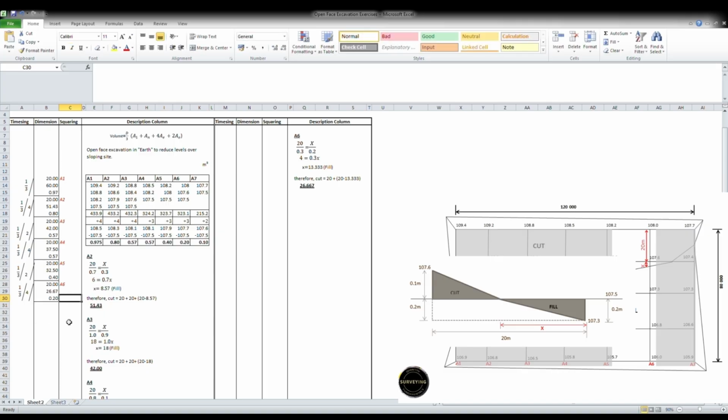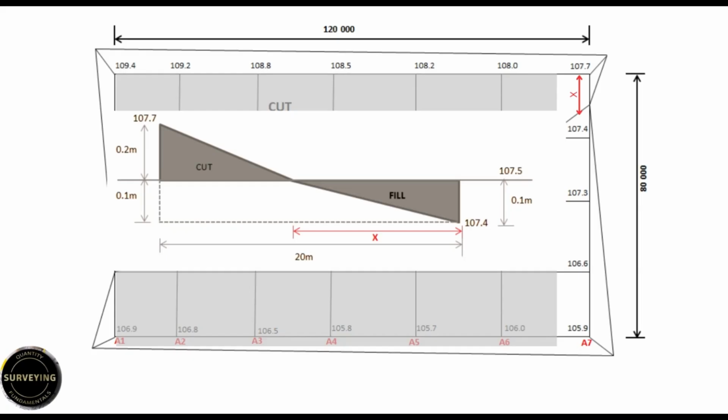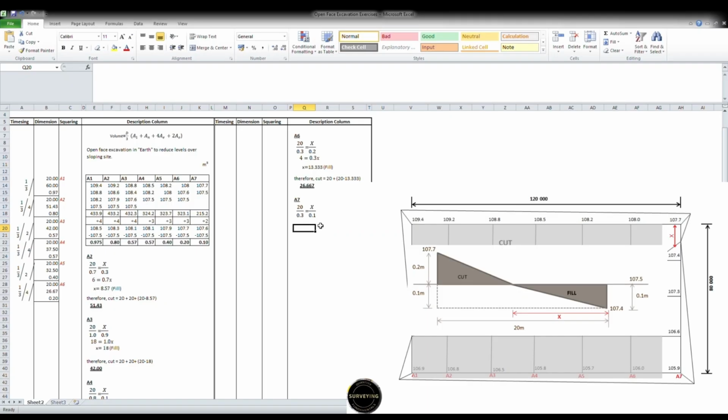Okay, now moving on to the last section, which is A7. So for A7, we need to solve for x. We have 107.7 minus 107.5, which gives us 0.2 meters. And then 107.5 minus 107.4, which gives us 0.1 meters. So 20 meters over 0.3 meters, which is equal to x over 0.1.